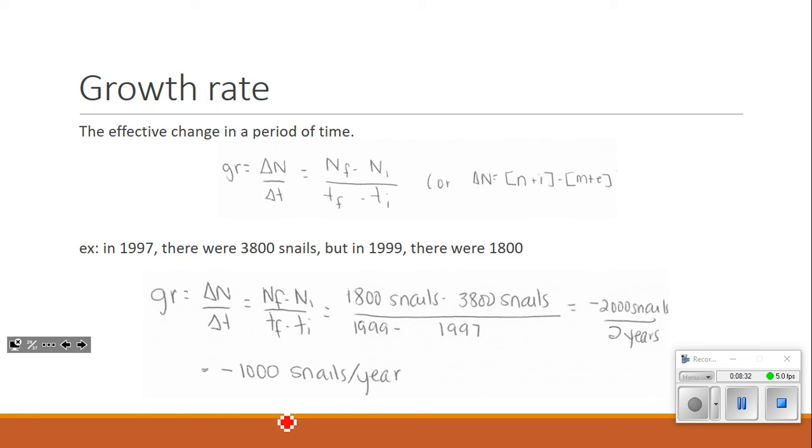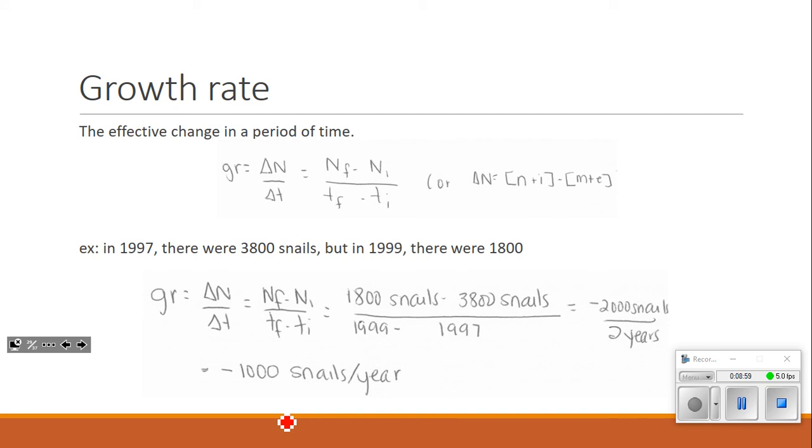Time only goes one way, as far as we know, and so the later year is always the final population, whether that's the bigger or the smaller number. Trust me, your brain is going to want you to put 3,800 first because it's bigger. But please recognize that a lot of the time, populations get smaller. And so it is perfectly reasonable to have a negative answer.